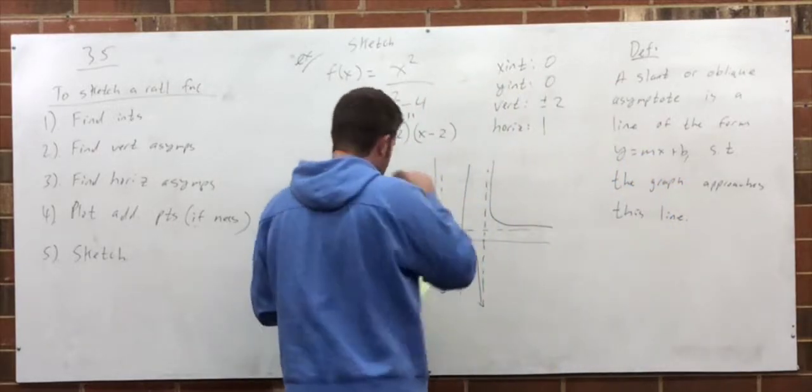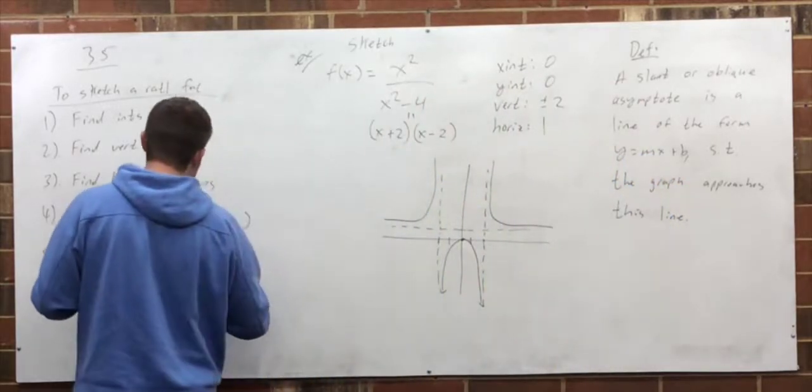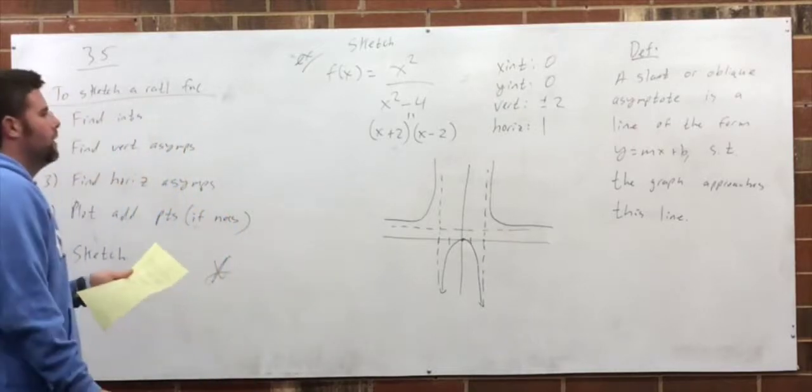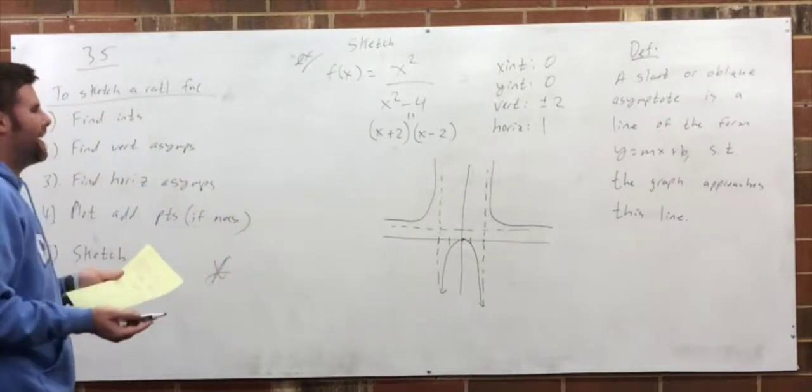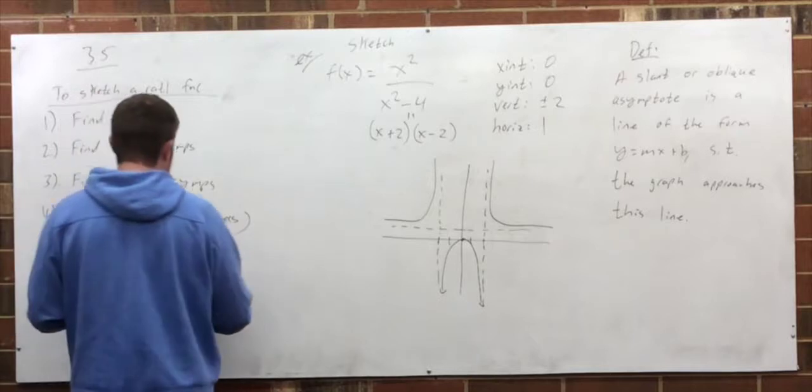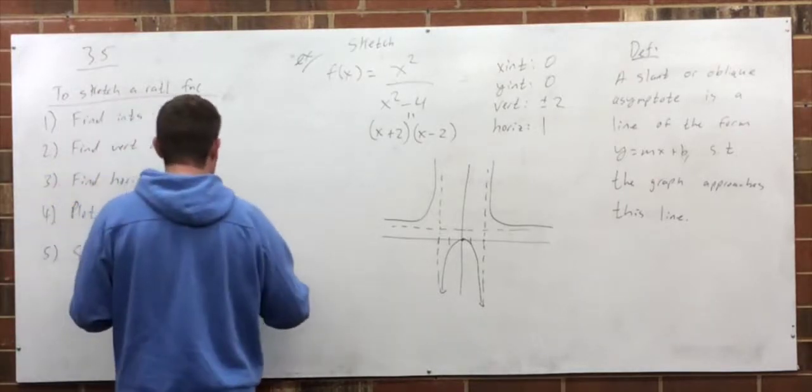Let me make a note here. I'll write it right here. This is important to recognize. Slant asymptotes are not common, and this will help you know when to look for one.